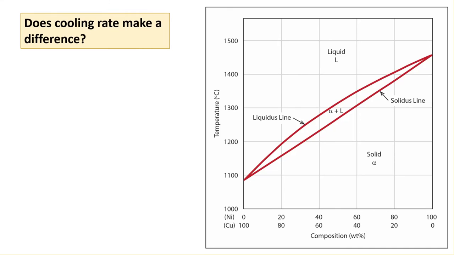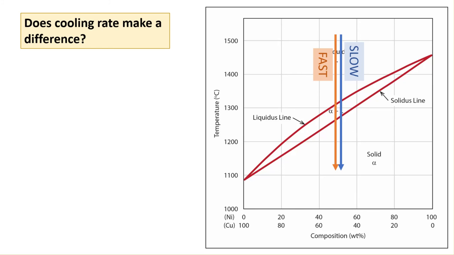Do you think if we started with a 50% nickel and a 50% copper liquid alloy and cooled it very slowly to a solid, that it would turn out to be the very same type of solid as if we cooled the same alloy very rapidly? It turns out that the speed at which you cool the liquid alloy down makes a difference.